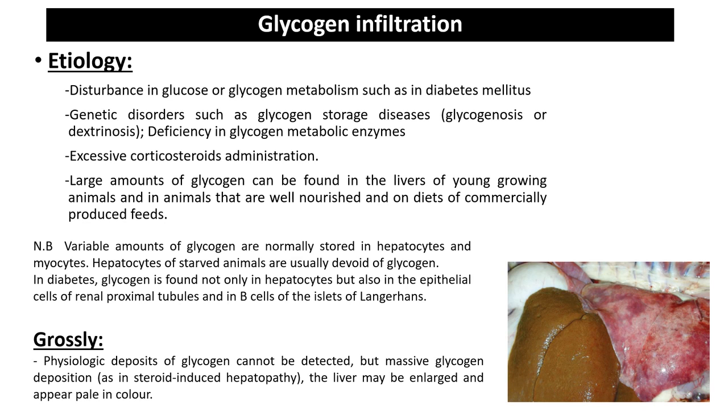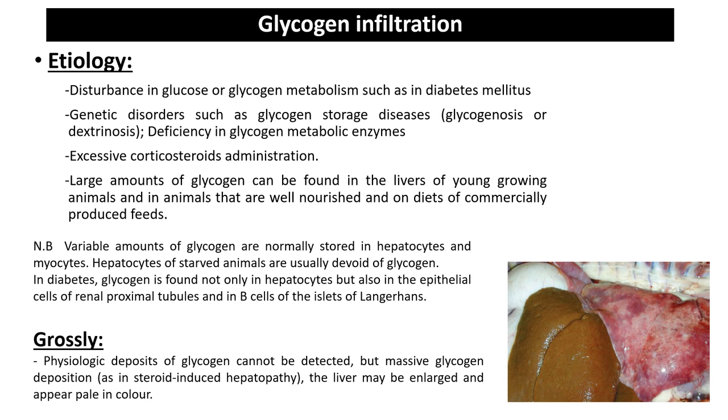In some conditions like diabetes, glycogen is not only found in hepatocytes, but also in kidneys and beta cells of islets of Langerhans.